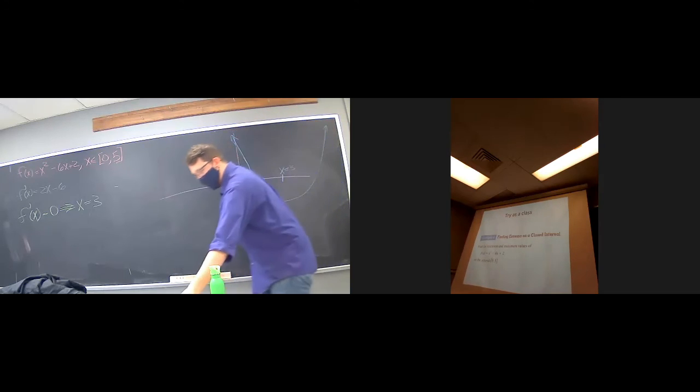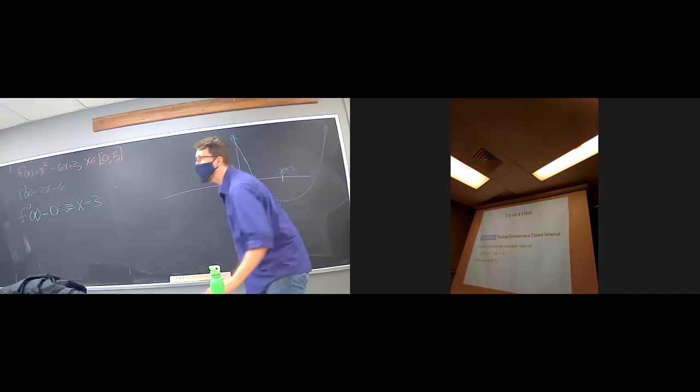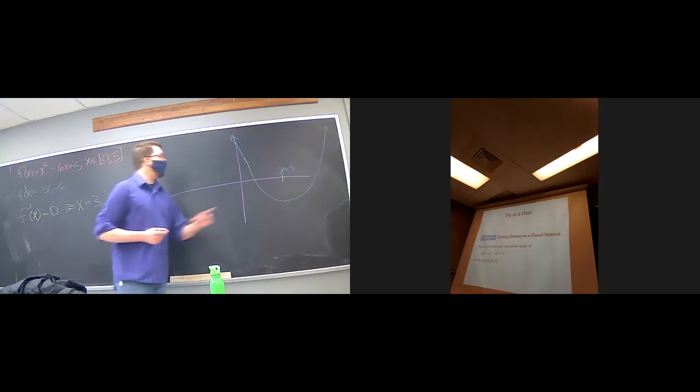So the graph of our function is going to look something like this, and we know it's going to look like this because it's a polynomial. Its highest power is 2, and there's a positive term on that 2. Since that x squared term is positive, we know it's going to be a parabola shaped like this.